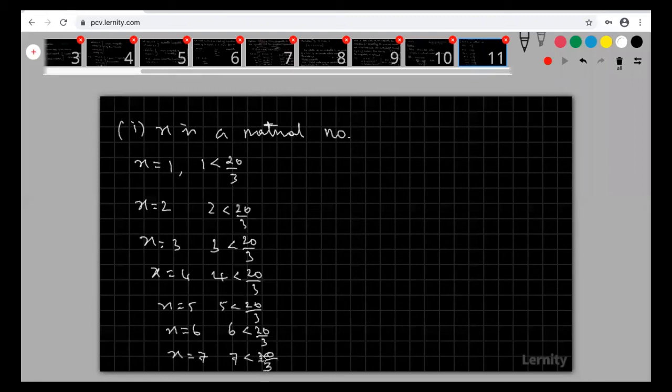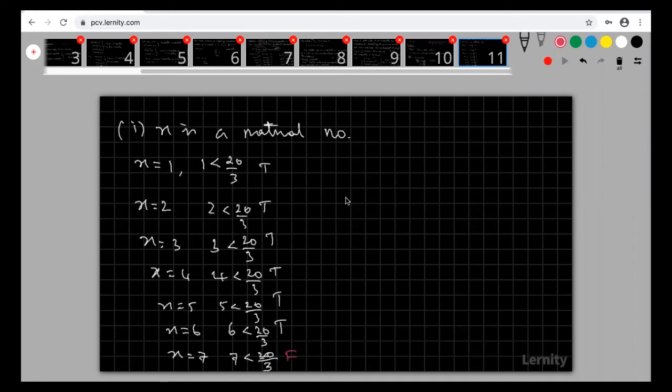Which one is true, which one is false? This is true, this is true, this is true, this is true. This is also true because 20 by 3 is 6.8, so 6 less than 6.8 is true, but 7 is false.